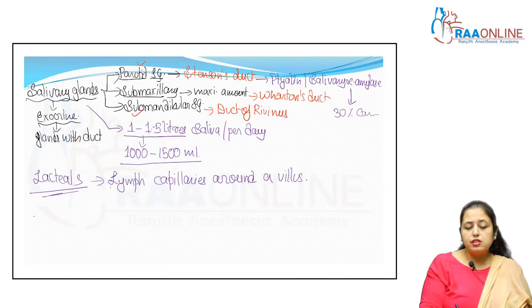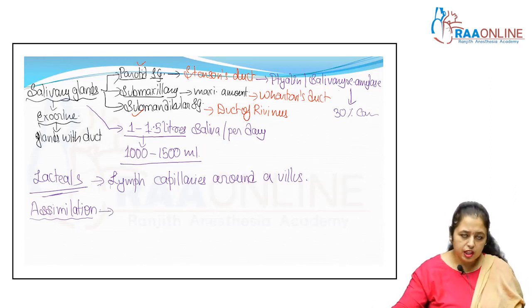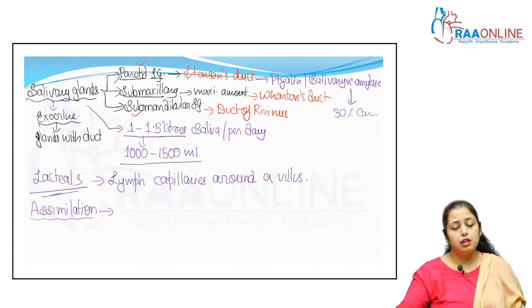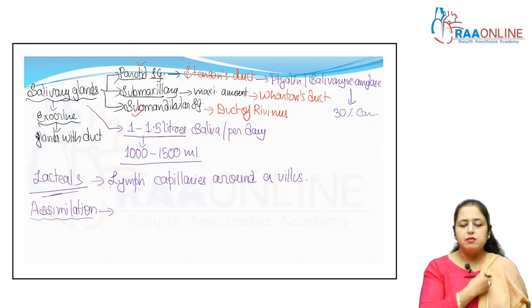After that, when these nutrients reach the cells, there is the assimilation process. That means by utilization of these nutrients, the cells form carbohydrate, protein, and fat in the required form. Clear? So this kind of process is called assimilation.